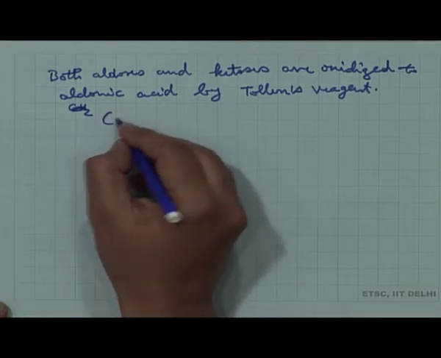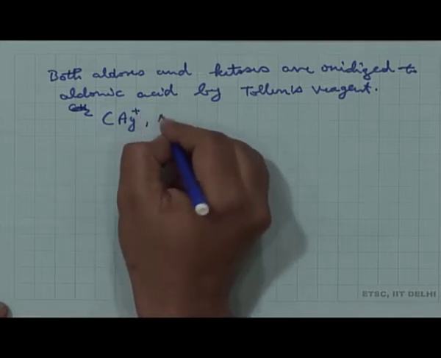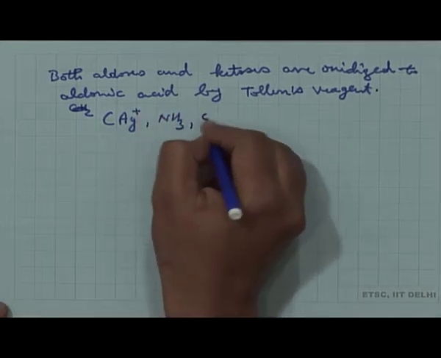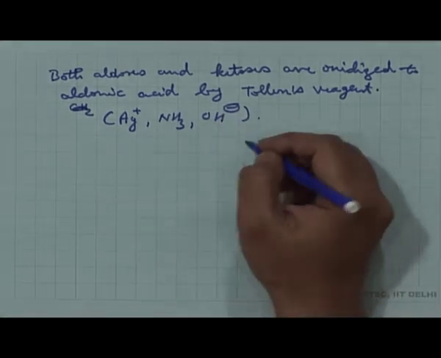What is Tollens reagent? Ammoniacal silver nitrate: Ag plus, NH3 and OH. Ammoniacal silver nitrate is what we say basically the mixture contains.